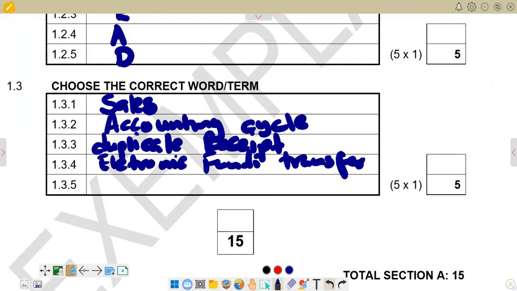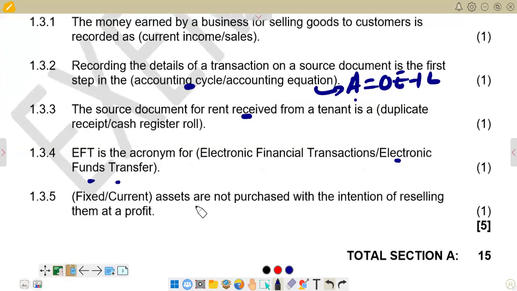And we go to the last question. The last question that we have, we give it an explanation that we are given there, which reads, dash assets are not purchased with the intention of reselling them at a profit.